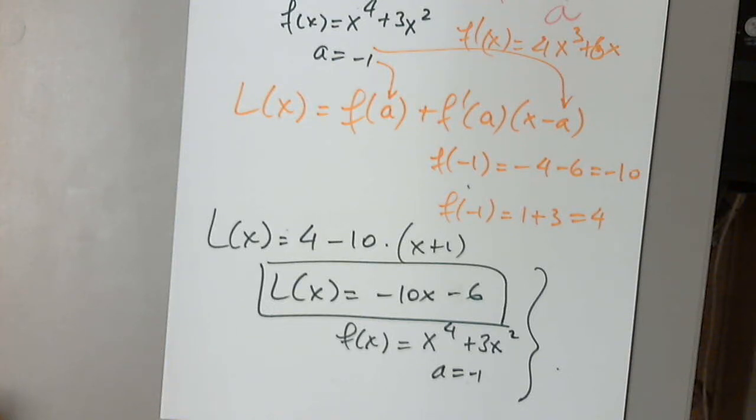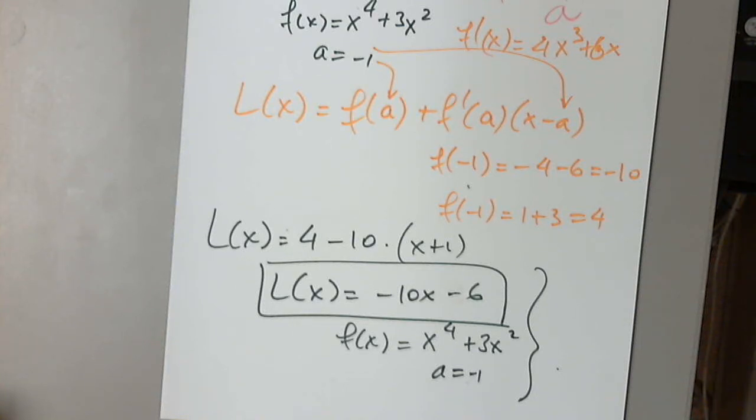You can use this, which is a linear function. It's easier to calculate. Now, if you want to evaluate this function at -4, you cannot use this line, because -4 is not close enough to -1. You will get a huge error.